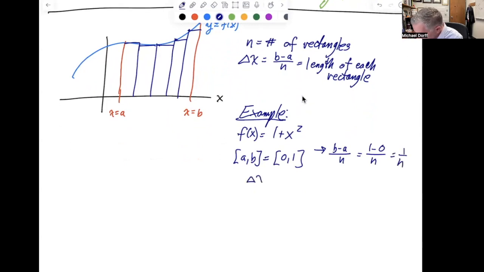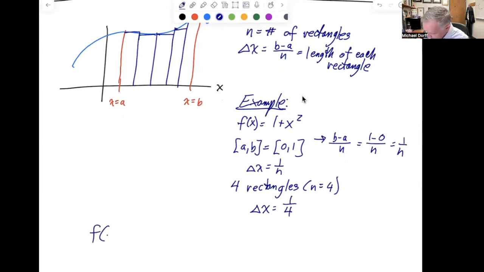So delta x is going to equal 1 over n. And in the case where I had 4 rectangles, that means n equals 4. Then the length of each rectangle was 1/4.